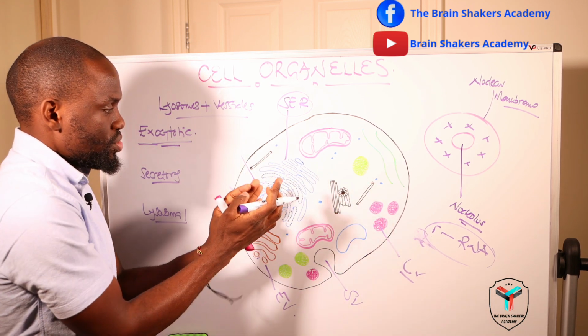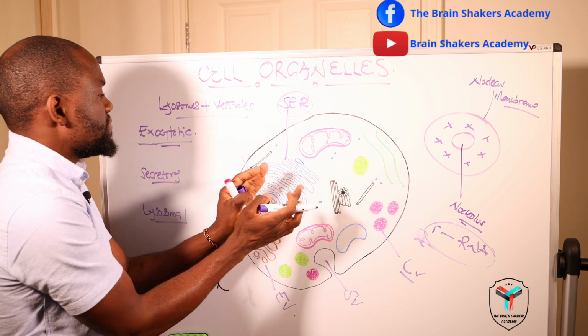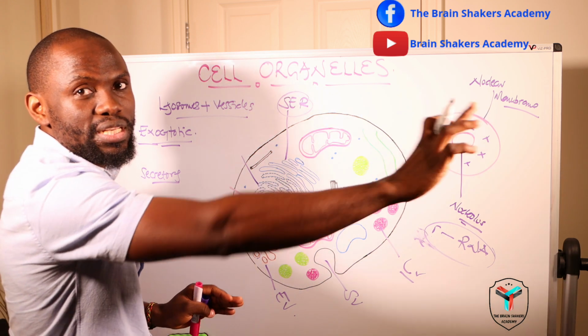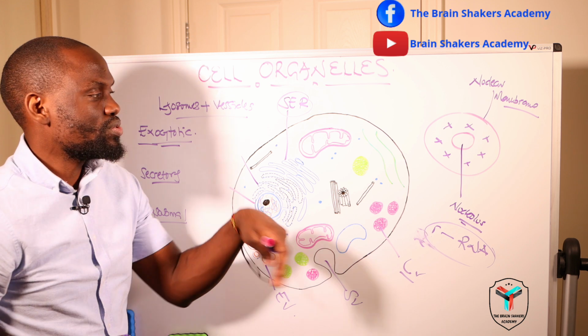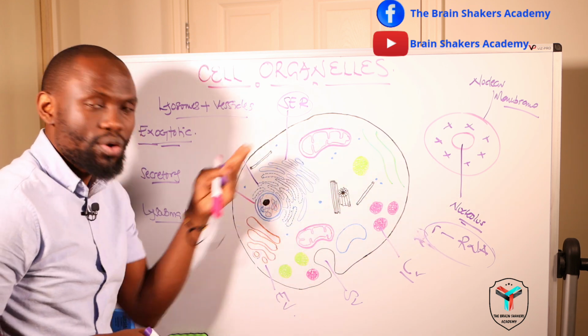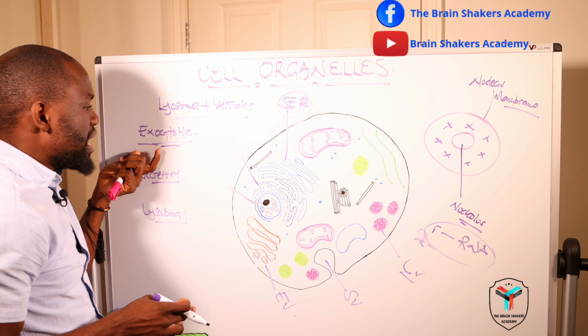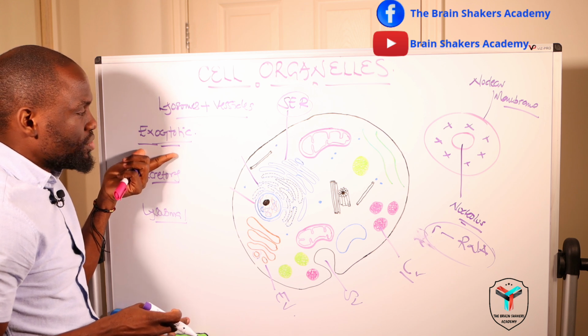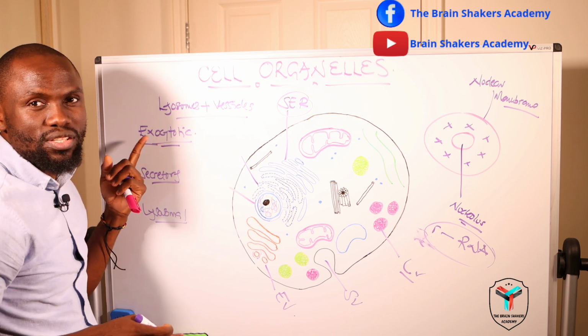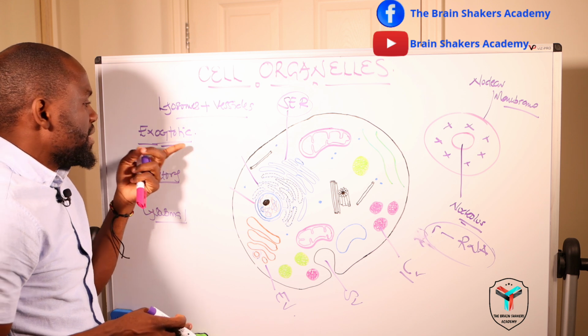So all the produce that is going to come out of this cell that has to be transported to other elements or to other cells outside this cell which is actually producing it, are going to leave the cell through vesicles that we're going to call the exocytotic vesicles.